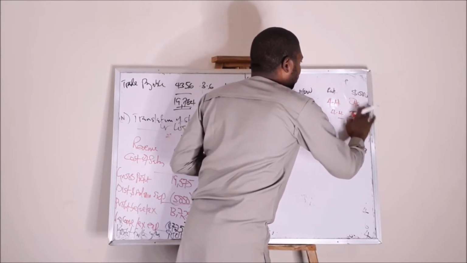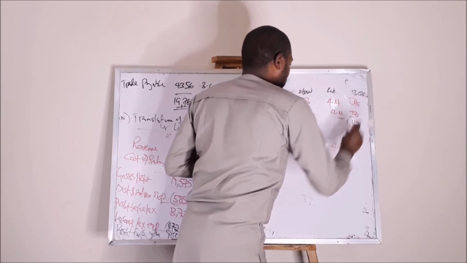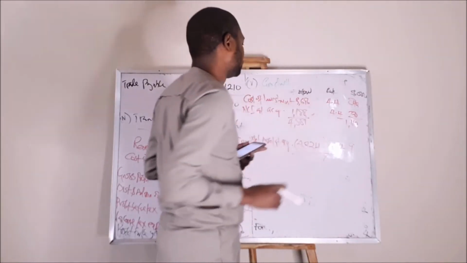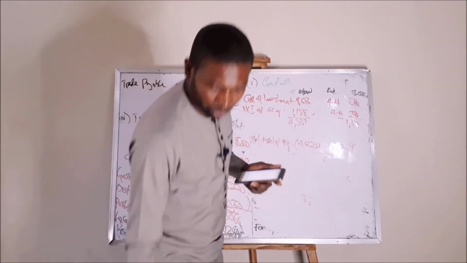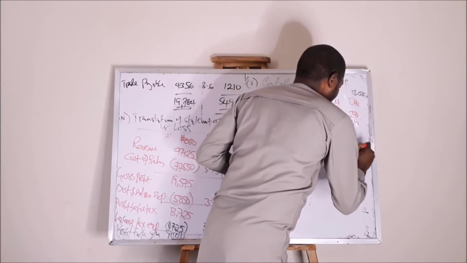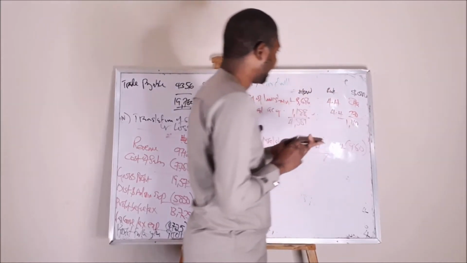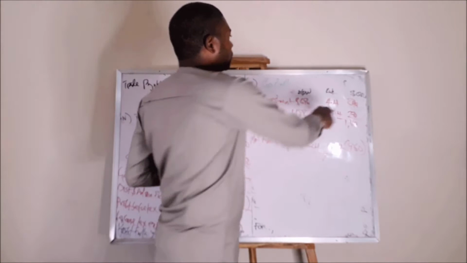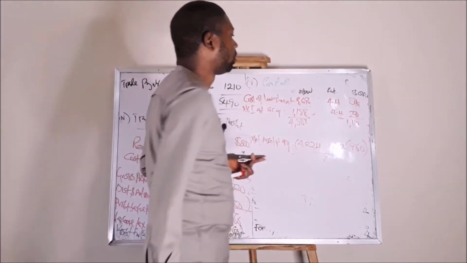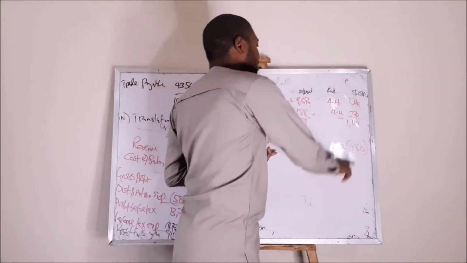This is 840,000, plus 270,000 gives us 1,110,000, then minus 960,000.